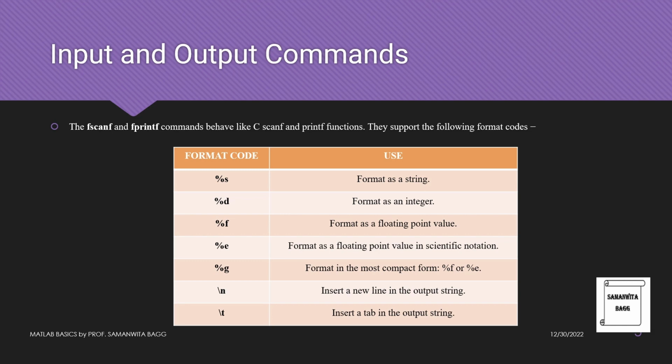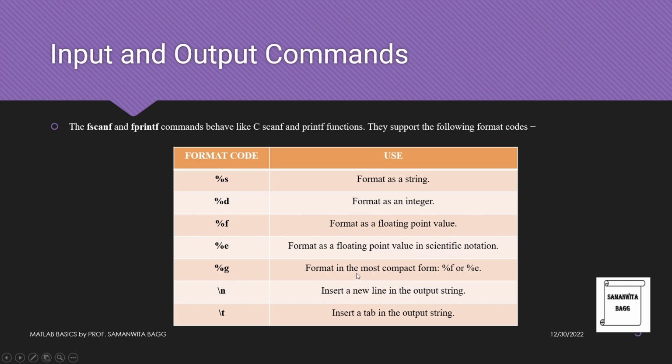So that is very important. %e is the format as a floating point value in scientific notation. For example, if the value is 45 lakh, then instead of writing 45 and then 5 zeros after it, you can just write down 45E5. So when I write in terms of E5 or 10 raised to something, this is your floating point value in scientific notation.